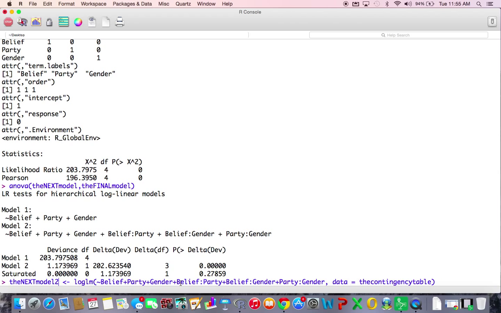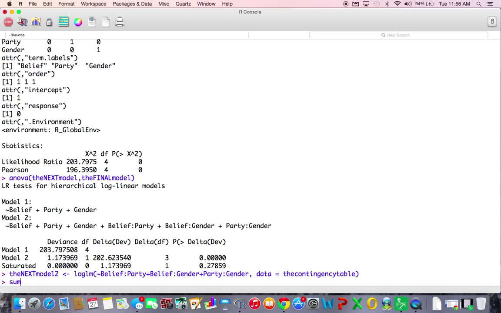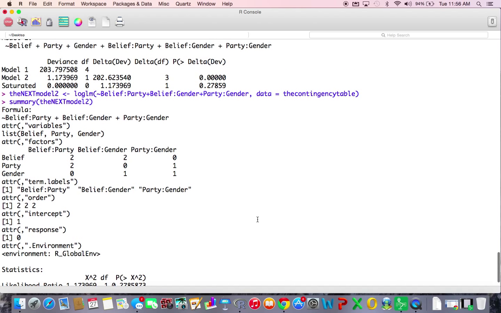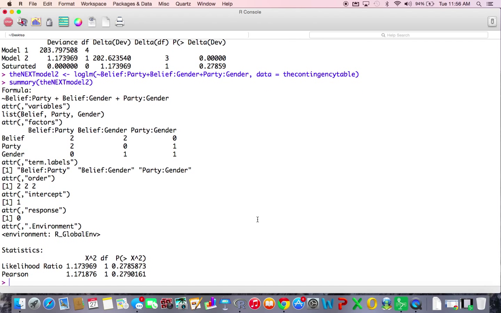But guys, I want to concentrate just on, I'm going to be careful here, the interaction. Yeah. Now, if I go summary of the next model 2, I get non-statistically significant, don't I?